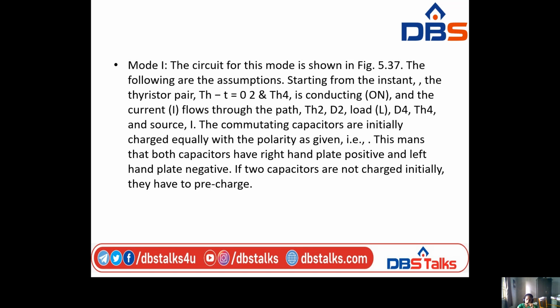The commutating capacitors are initially charged with the polarities as given, meaning the capacitors have right hand plates positive and left hand plates negative. If the two capacitors are not charged initially, they have to be pre-charged.